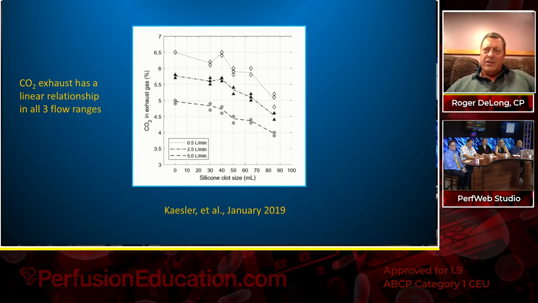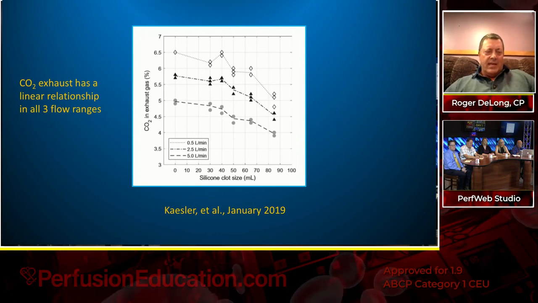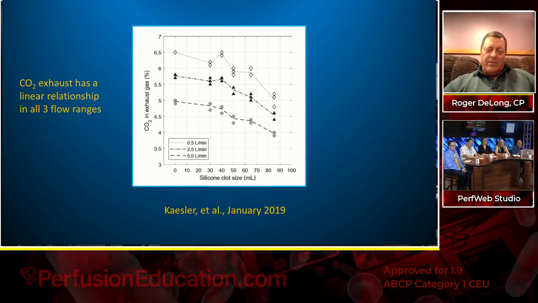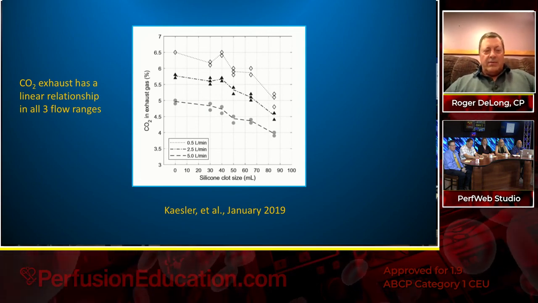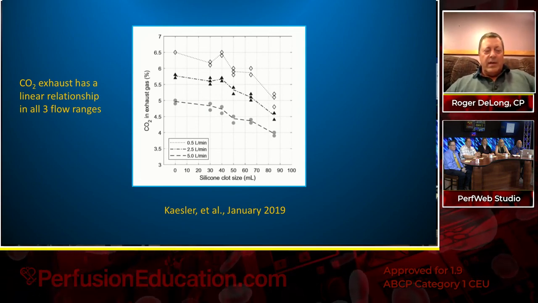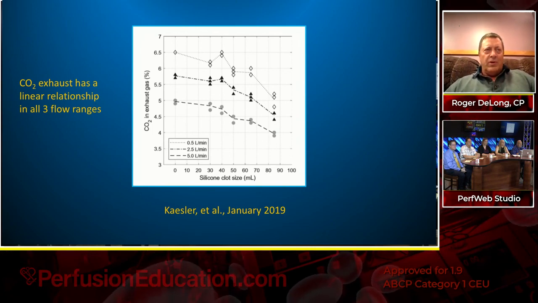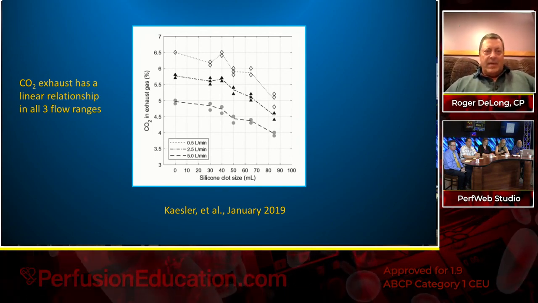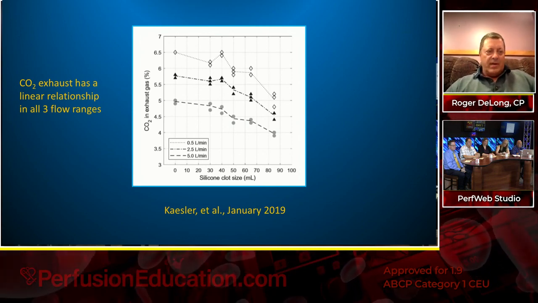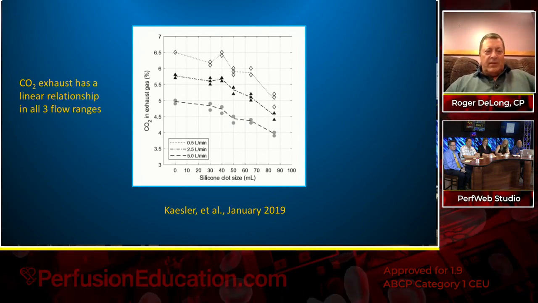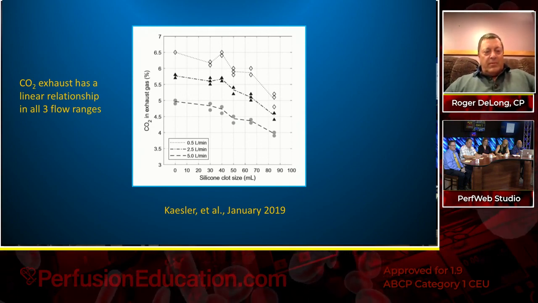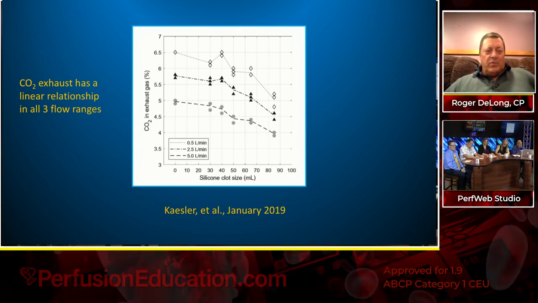Joe and I had a discussion about this, and we shared the idea that sure enough, the CO2 would climb within the patient, but very likely would drop on the exit ramp on the oxygenator. The point being, if you could monitor the CO2 output on an oxygenator, and any respiratory therapist can grab you a simple, cheap monitor to do that, that may be a usable method to measure the clot.